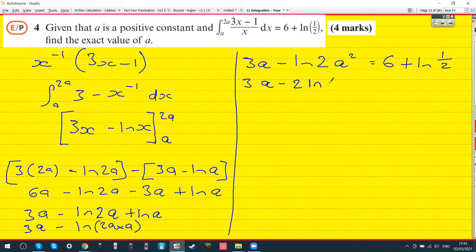No, that's a bad idea. I get it now. The way you'd go about this is you'd split that in two, and you'd say that's ln 2 plus ln a squared.